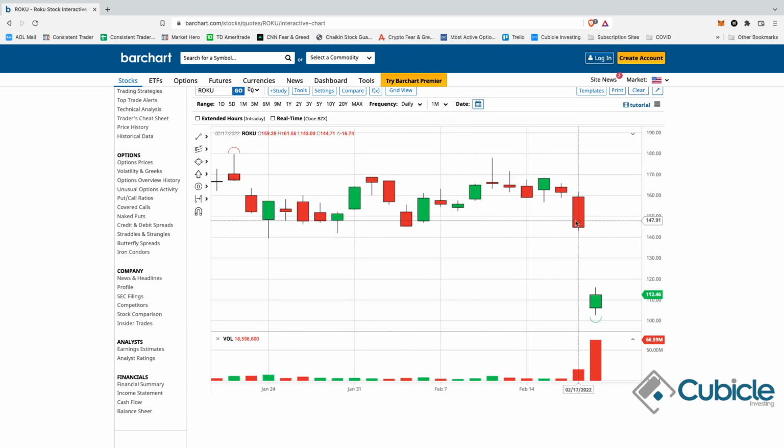So as you can see here, this happened on Thursday. Roku was trading for roughly around $159 per share, and it dropped significantly right after its earnings report. The earnings report came out after the market closed on Thursday, right?